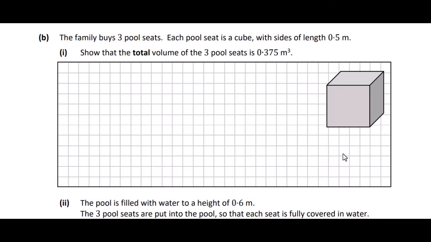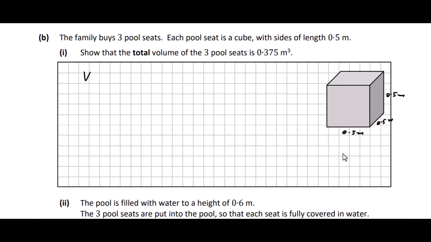Next question. The family buys 3 pool seats. Each pool seat is a cube with sides of length 0.5 meters. Show that the total volume of the 3 pool seats is 0.375. So a cube, if it has a width of 0.5 meters, it also has a length of 0.5 meters and a height of 0.5 meters.